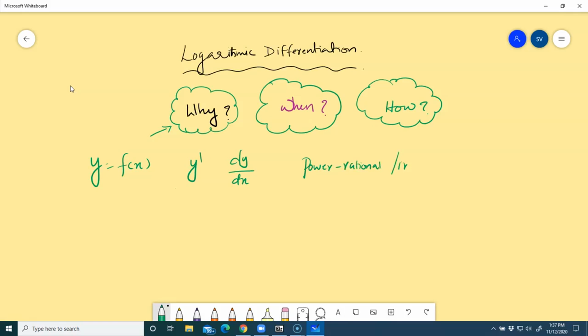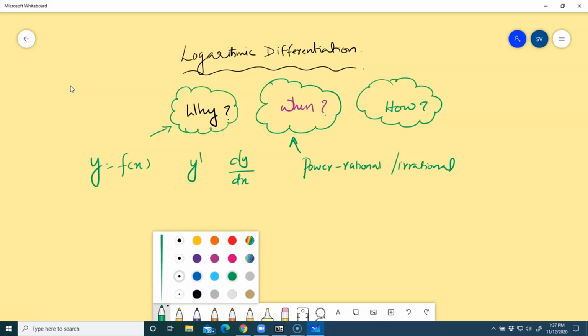If you have a power rational or an irrational function as a question for finding the derivative, you can use this method called logarithmic differentiation. And that is the answer for the second question.